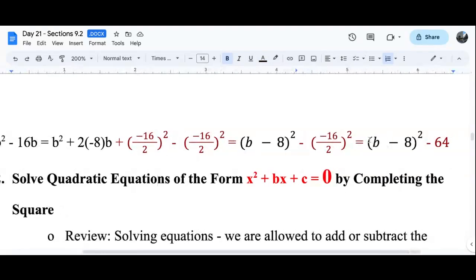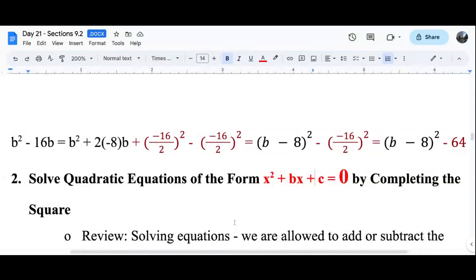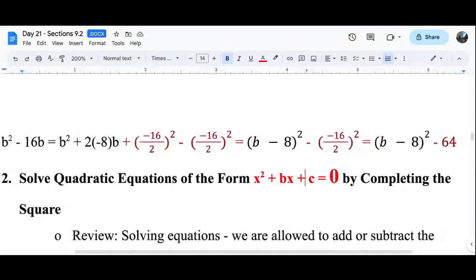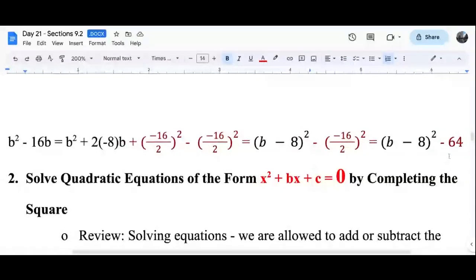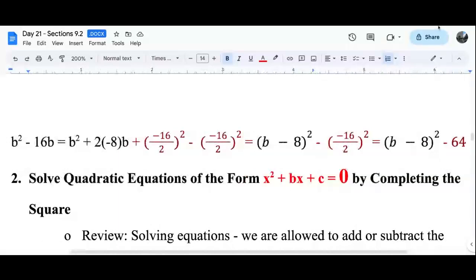So that's (b minus 8) squared minus negative 8 squared, which is 64. Does anyone have any question? Pretty straightforward, right?